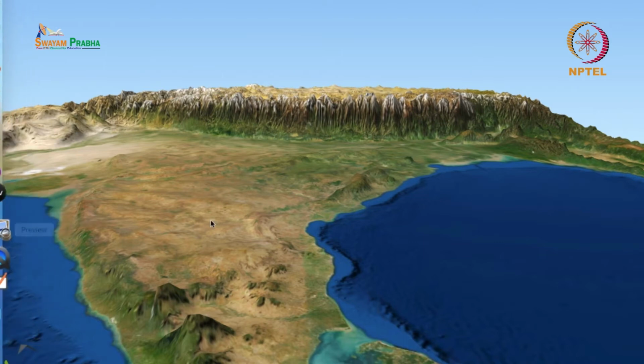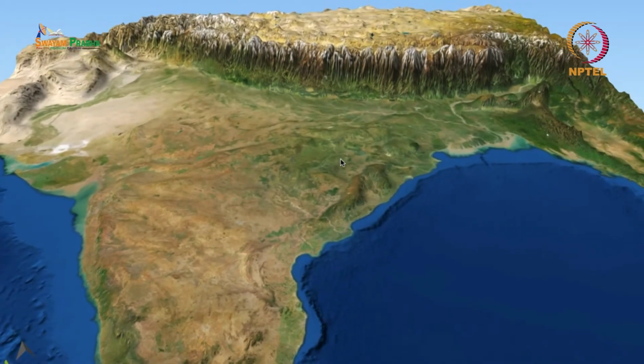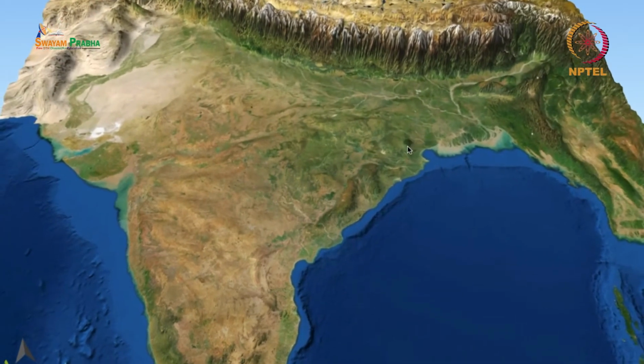Similarly, we get a very good amount of orographic rainfall in the Himalayas. When the winds take this direction and move upwards, they cause a heavy amount of rainfall in this area. So there will be a lot of greenery in this area, lots of forests.